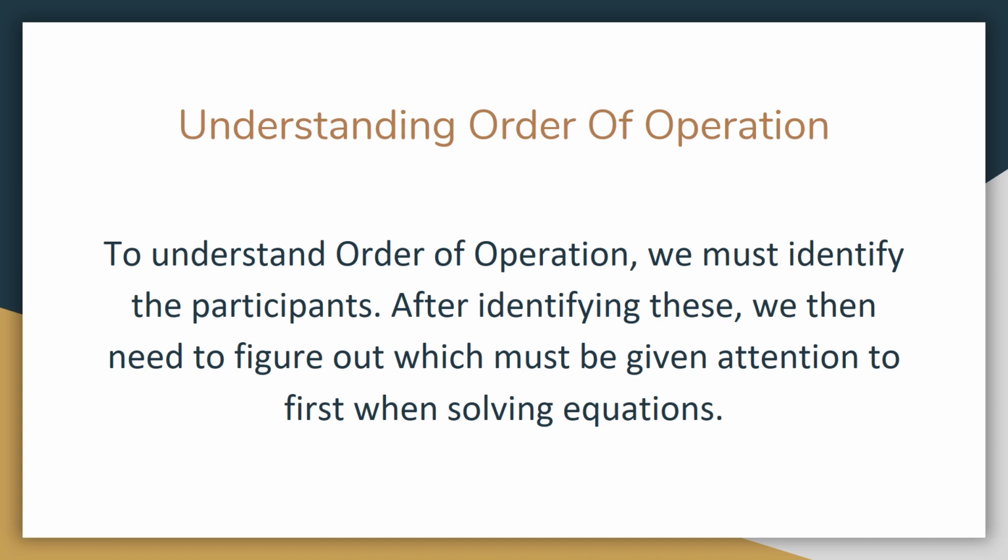After identifying these, we then need to figure out which must be given attention to first when solving equations. What that's basically saying is that there is an order that we have to follow. We can't just start adding and timesing what we feel like should go. There is an order that has to be put in place so that we get the right answers.